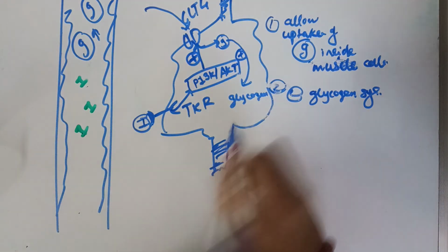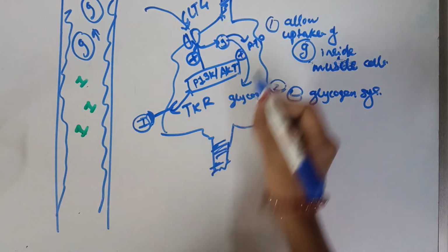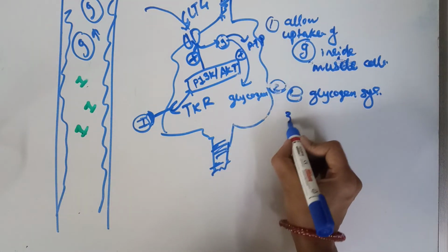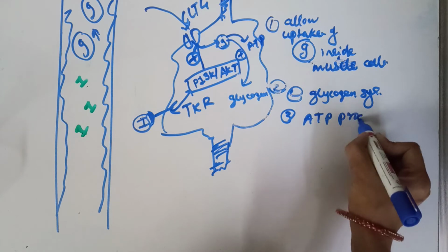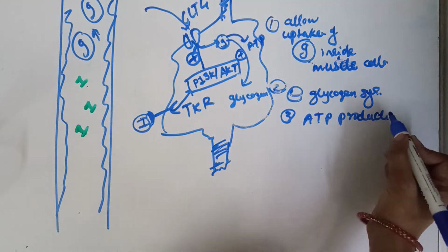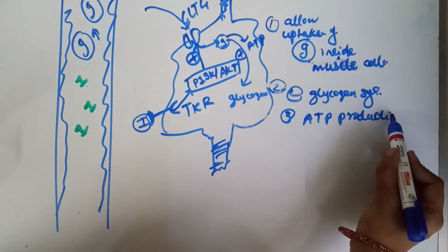Second thing, this glucose also produces ATP. Third, ATP production. You can see, guys, this insulin has many ways to lower your glucose, to bring it down.